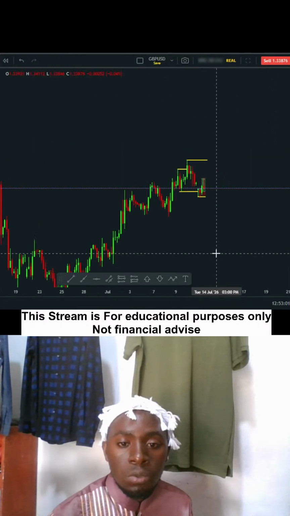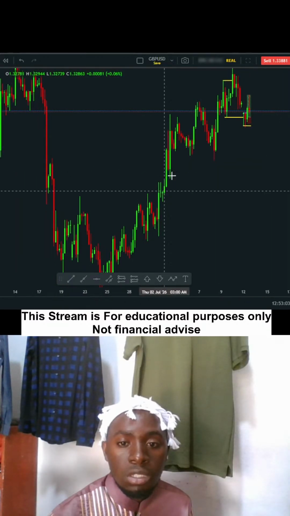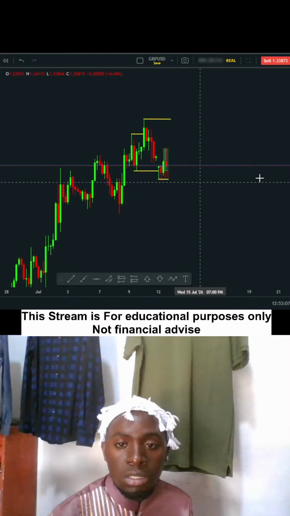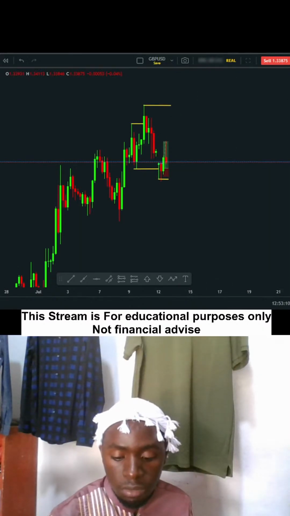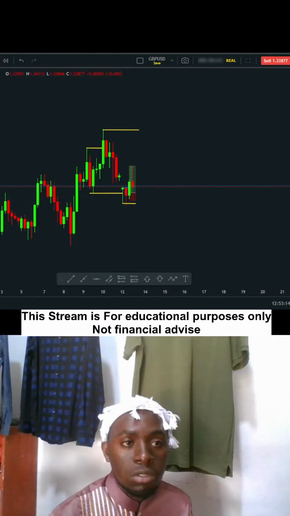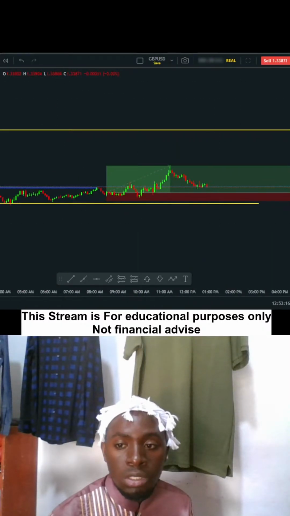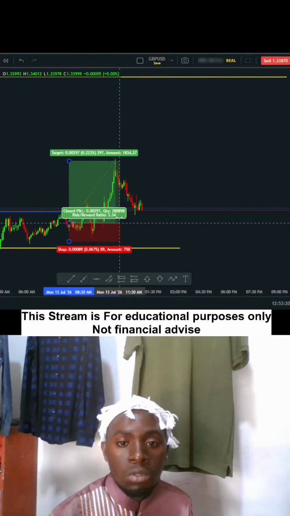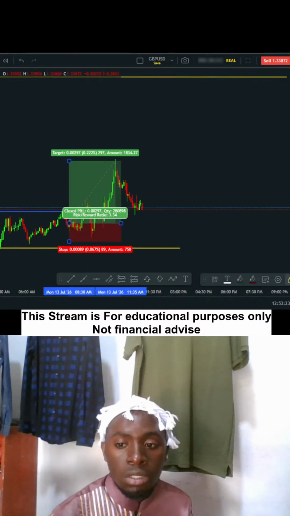I always want entries, for example, somewhere around here. But this is not a good entry, even though it hit take profit. I wouldn't have considered it.